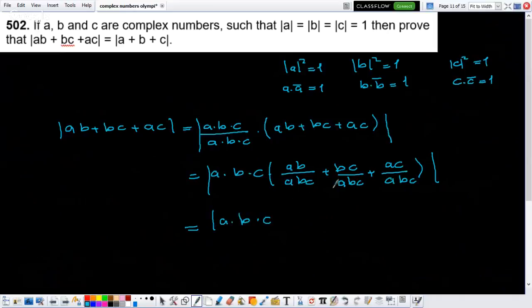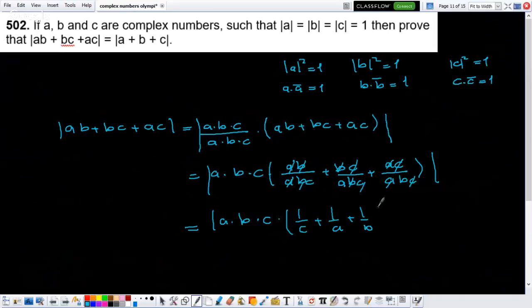Then we can separate the modules here. But before that, I want to simplify the terms here: B and B, C and C, A and A, C and C. So the terms are like this: times 1 over C plus 1 over A plus 1 over B.